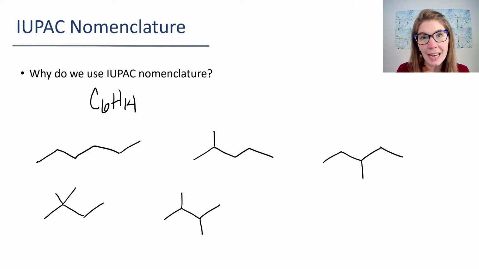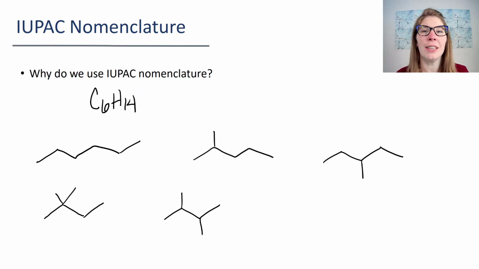And with a systematic name, where each letter and each dash and each piece of the name means something, what we can do is, if I give you the name, you can figure out what the formula is. And if I give you the formula, you can figure out what the name is. And when I say formula, I don't mean C6H12, I mean like the actual connectivity of the atoms. So this is why we use IUPAC nomenclature, because IUPAC nomenclature is an international system of naming that has a whole bunch of rules in it.